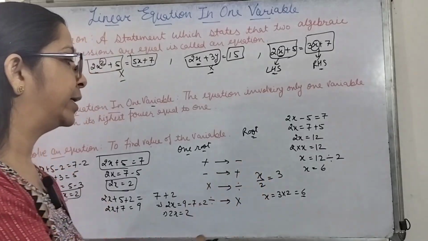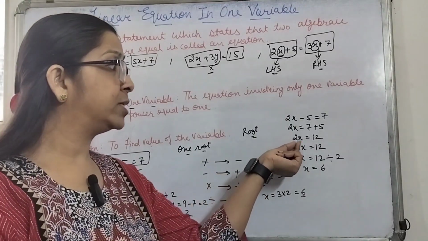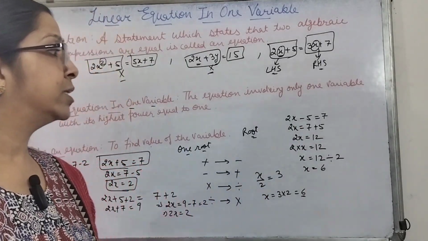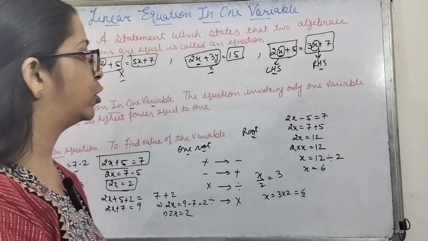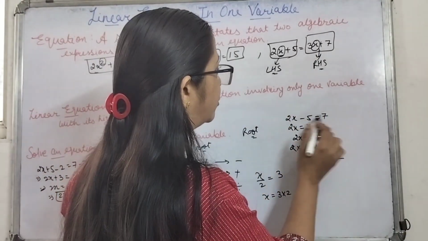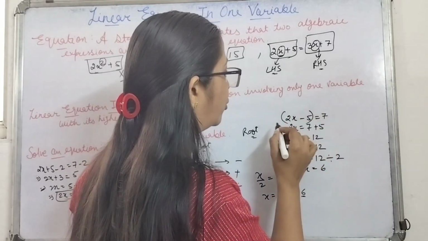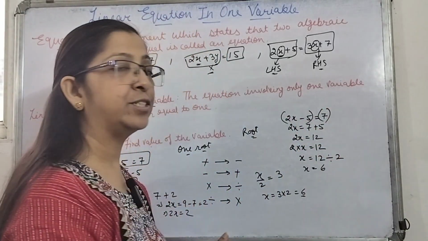If we multiply any number in the LHS and the same number in the RHS also, then also our equation remains unaltered. Like if I take this example, I am multiplying this equation in the LHS and in the RHS by 2.